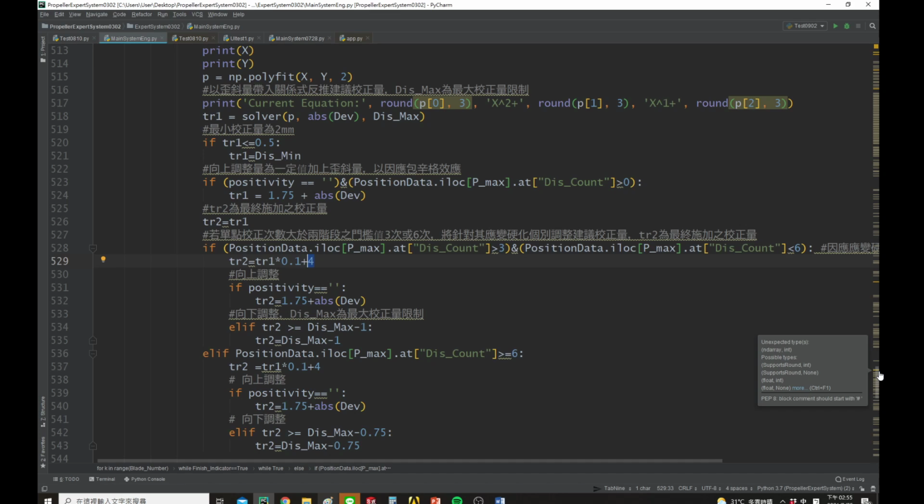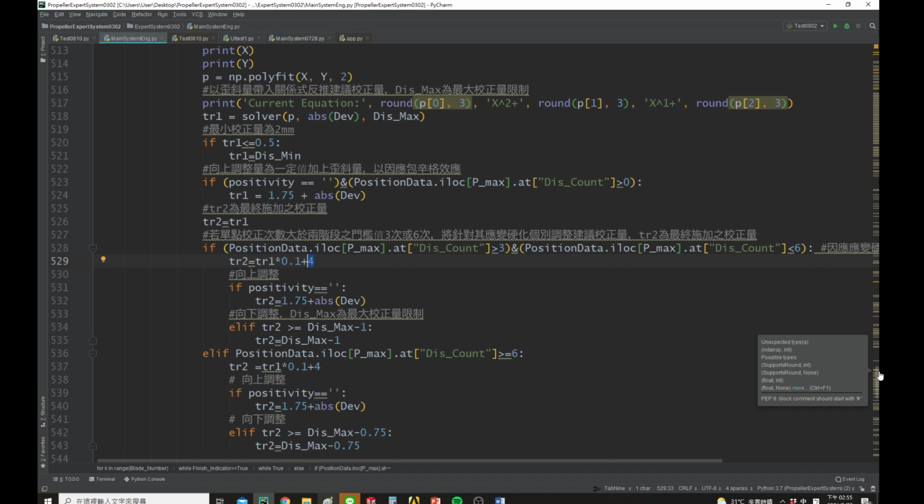So if the number of tunings is over 3 but smaller than 6, we need to slightly adjust the number. But if it's higher than 6, we have to adjust the number harder.